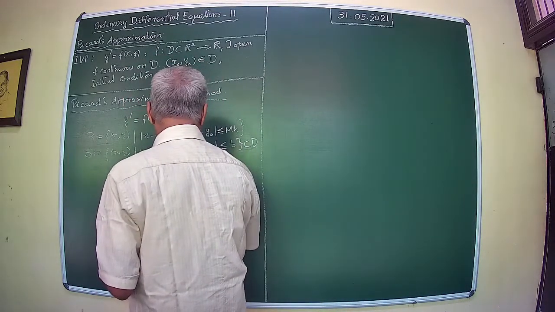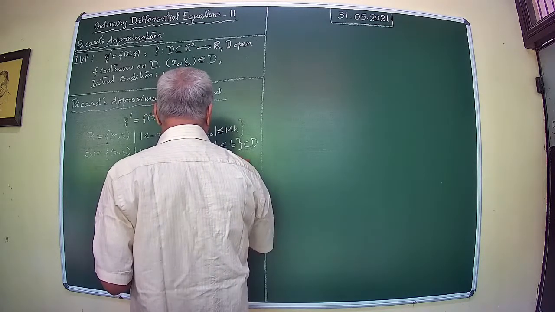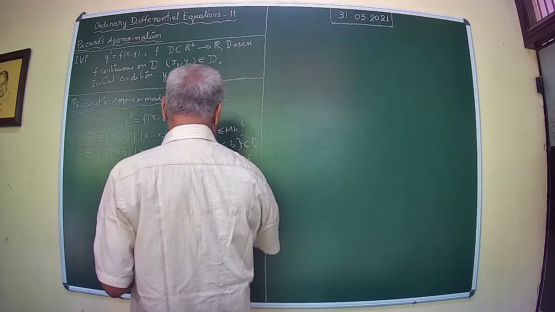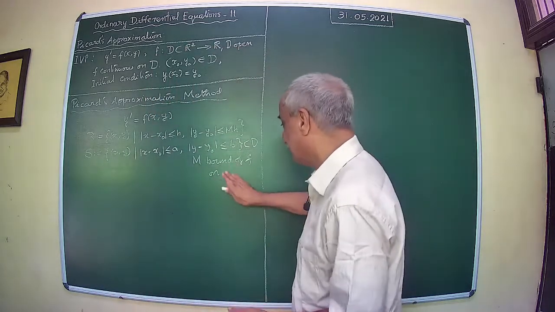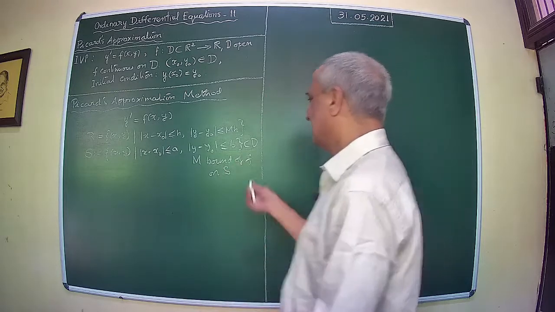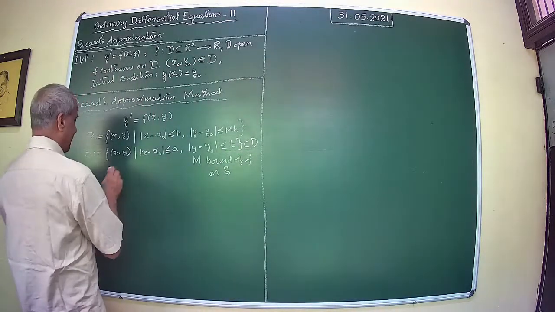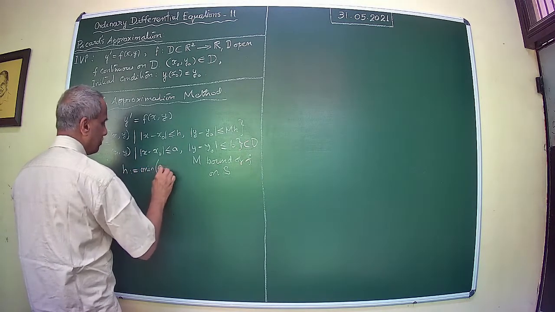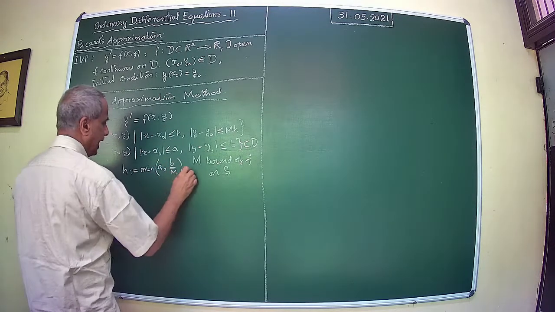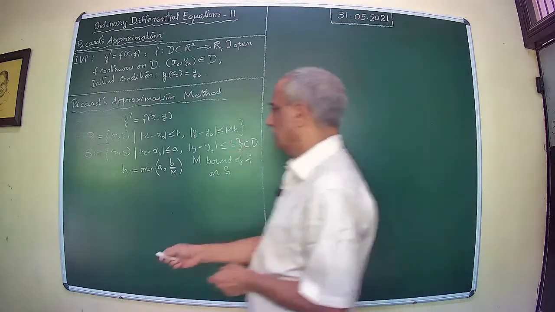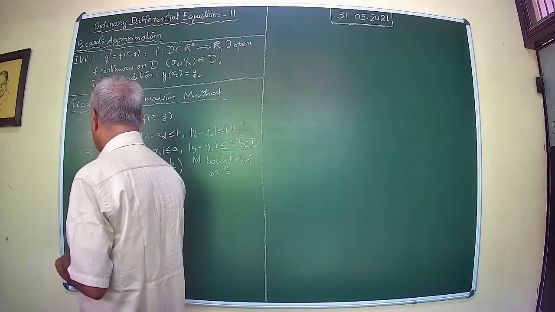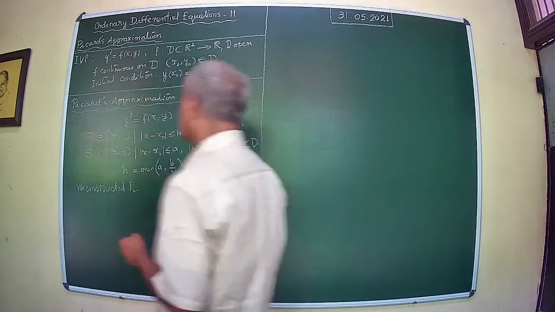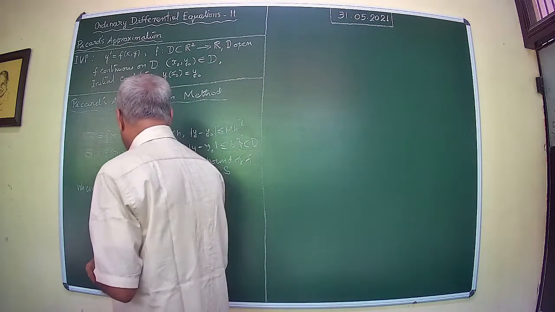So M is the bound of f on the rectangle R. Then what we did was we defined h as the minimum of a and b by M. With that we constructed R, and you know that R is actually contained in this.